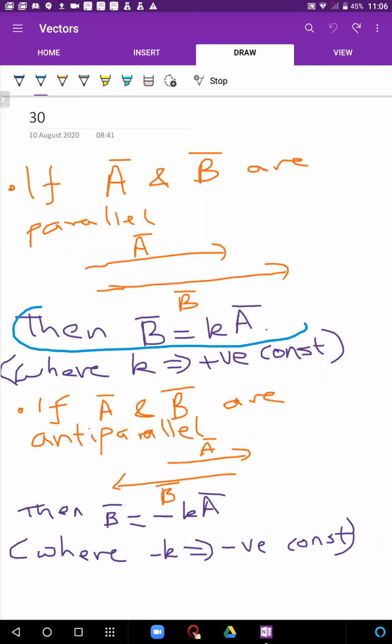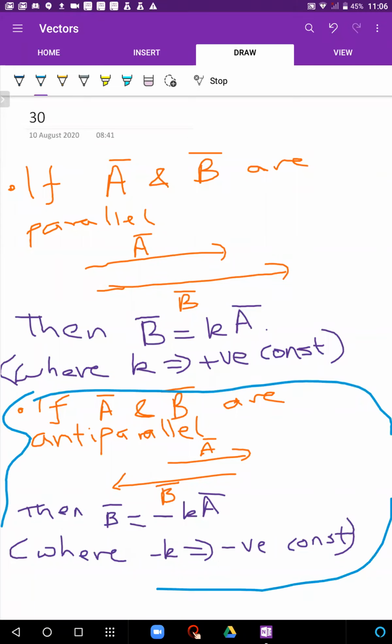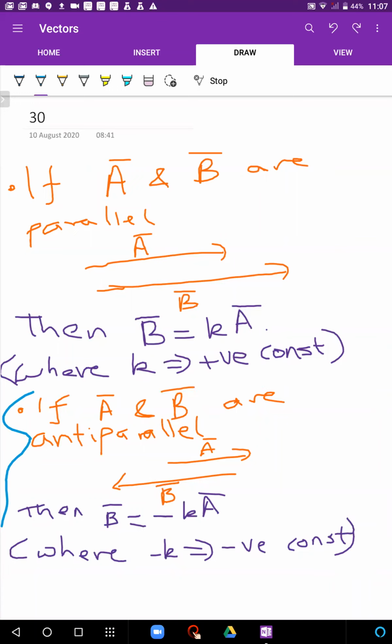Okay, then B bar is some positive constant into A bar. And if A bar and B bar are anti-parallel, as I mentioned, then B bar is some negative constant into A bar. Right? Because we know that when I multiply a vector with some positive constant, I get a vector in the same direction. If I multiply a vector with a negative constant, I get a vector in the opposite direction. Okay.